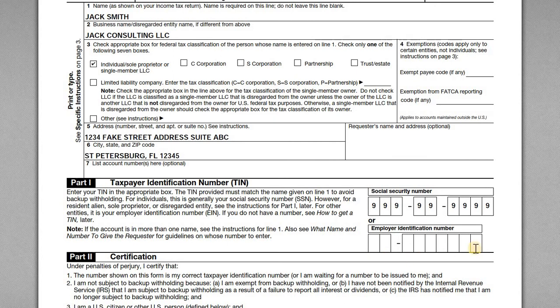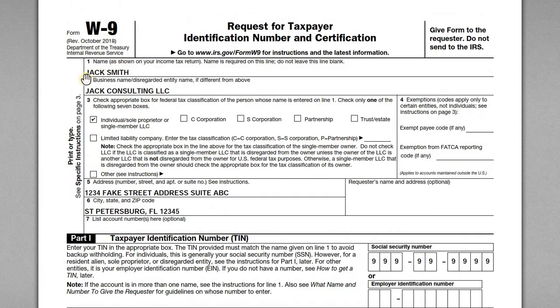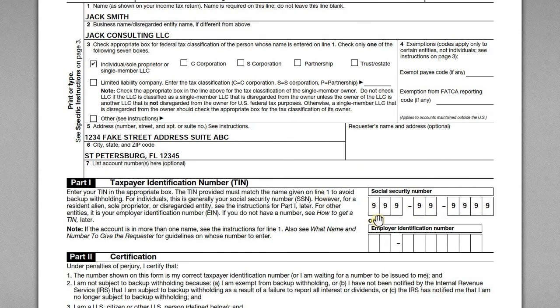So you do not use the EIN of the disregarded entity. You use the tax ID number of whoever is being reported on line 1. In this case, Jack is the beneficial owner. He's the individual here that is the owner of that single member LLC. So his name is on line 1, and then his tax ID number is reported here in part 1.